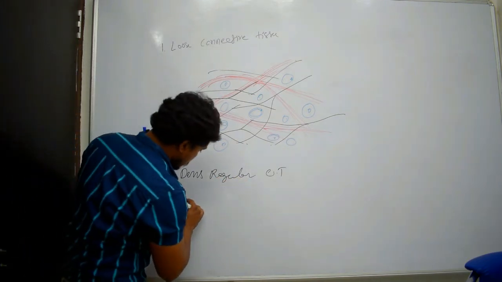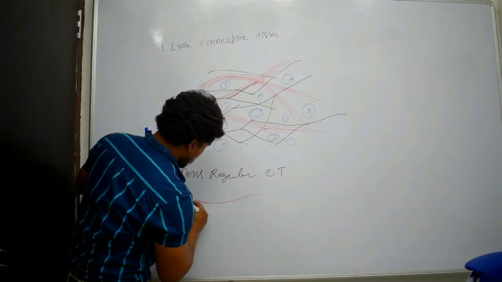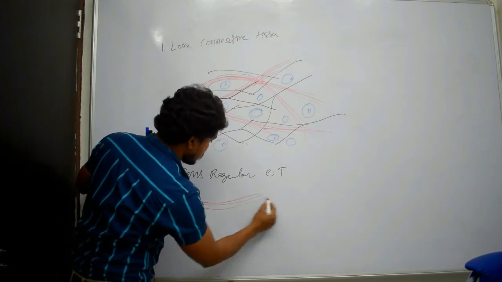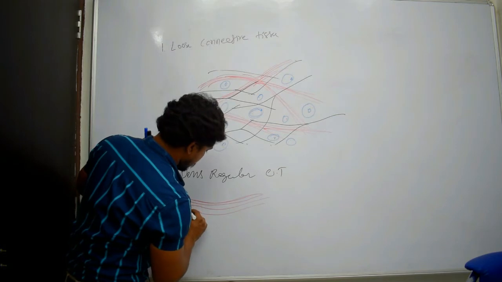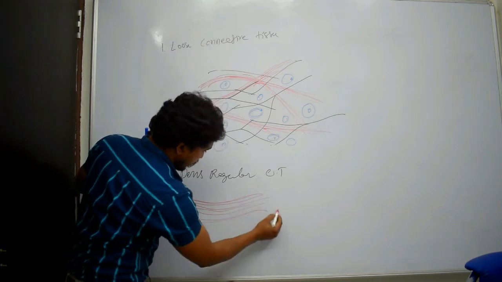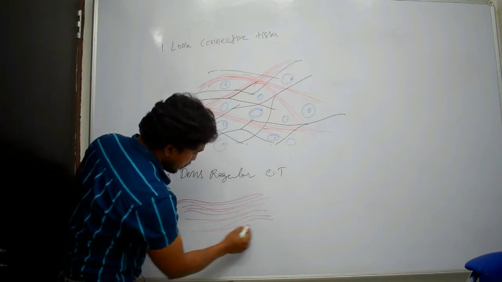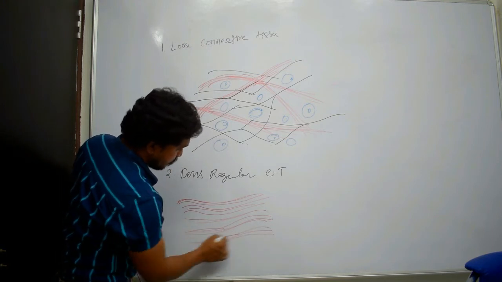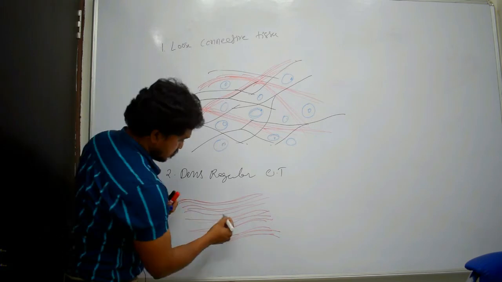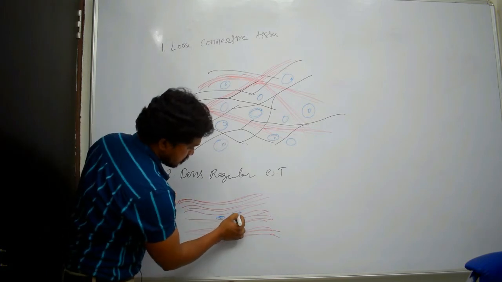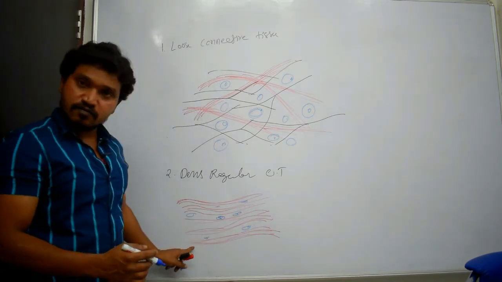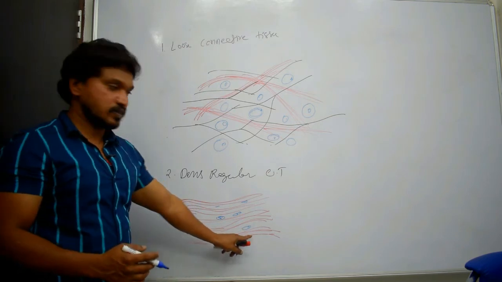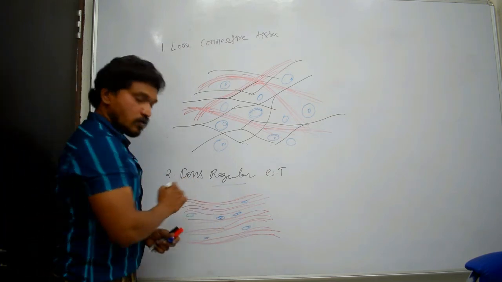These collagen fibers are arranged regularly, that means evenly arranged. In between the evenly arranged bundles of collagen fibers, we can find fibroblasts. These are fibroblasts. Here bundles of collagen fibers are evenly arranged. That's why this is regular.